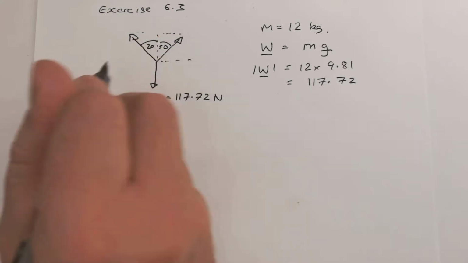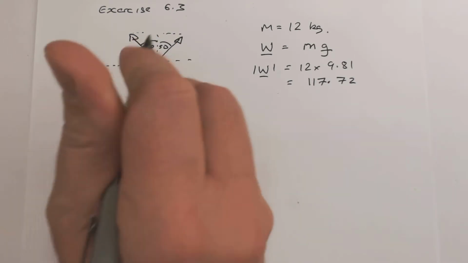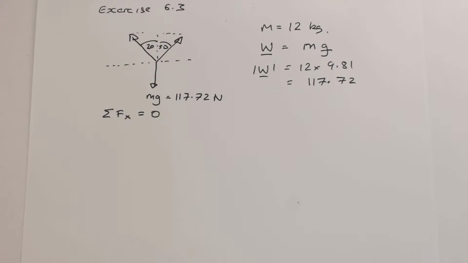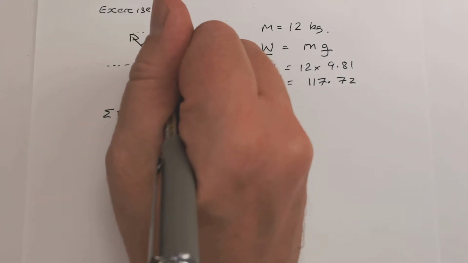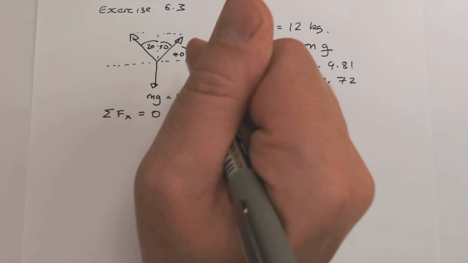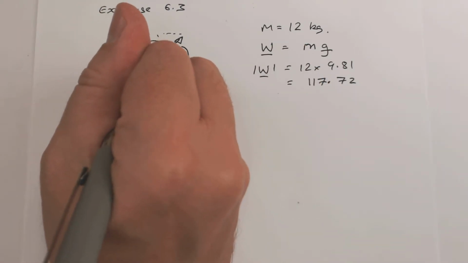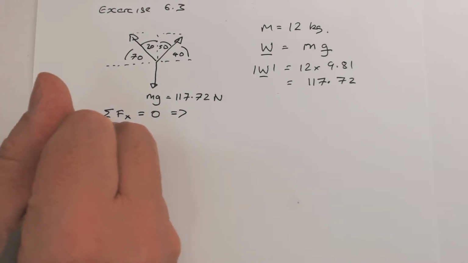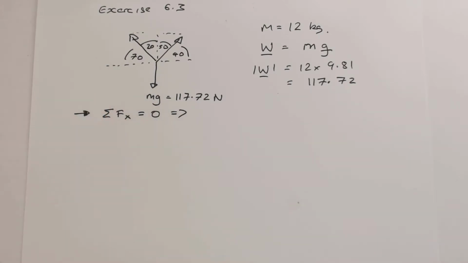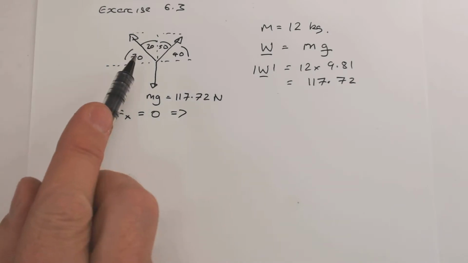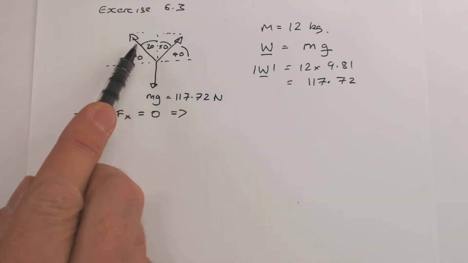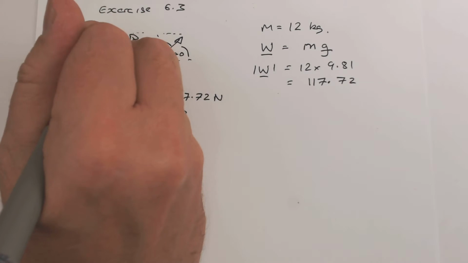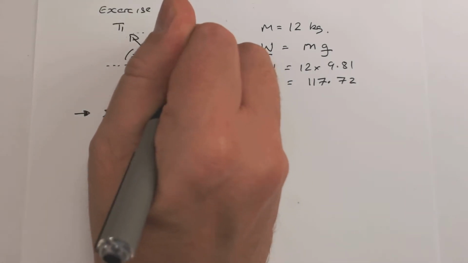So here, carry on my diagram. I really should have done it bigger. Let's find the complementary angles there. So here, and they should be the original angles, so that would be 40 there and 70 there. Okay, so when we add up our forces and we're going in the x direction, we're going to label and point out that that should be positive. So the first one is this force here, which we'll call tension 1 and tension 2.